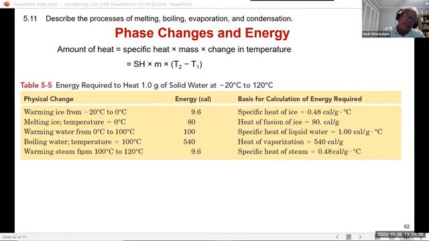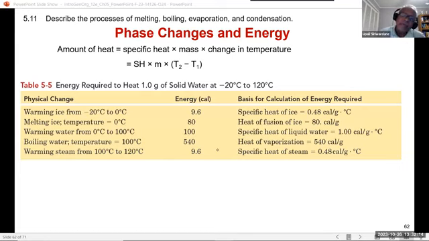So after we converted all the water to steam, we start heating steam from 100 to 120. So the temperature change is 20 degrees. Therefore, 0.8, the specific heat of steam, multiplied by 20 becomes 1.9. So this is the kind of changes associated with water, and that's how you calculate.